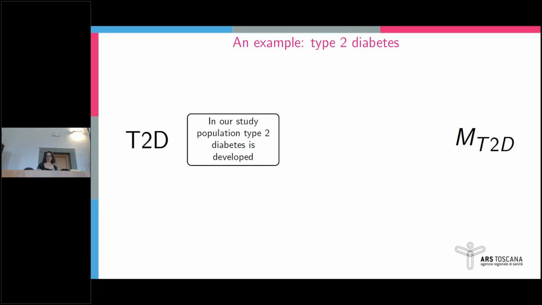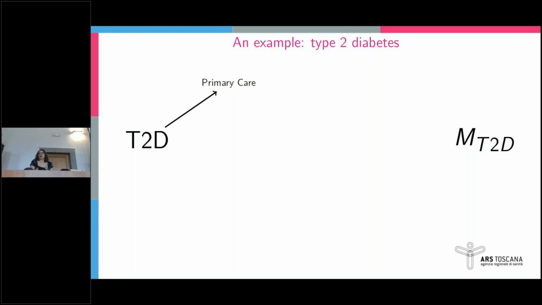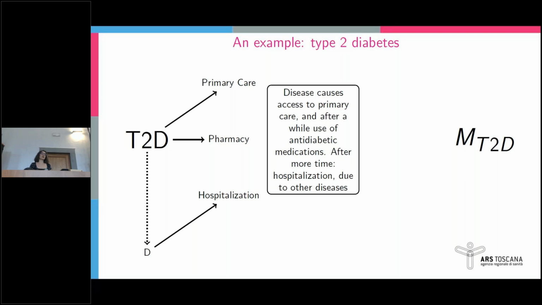So this happens. And then some people go to primary care because they go to their physician, they get tested, then maybe they will go to the pharmacy to get some anti-diabetic medications. And then they will go to hospital, not because of diabetes, of course, but they may go to hospital because of a different disease, possibly caused by diabetes or not.